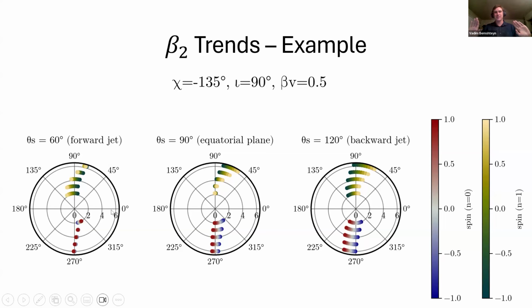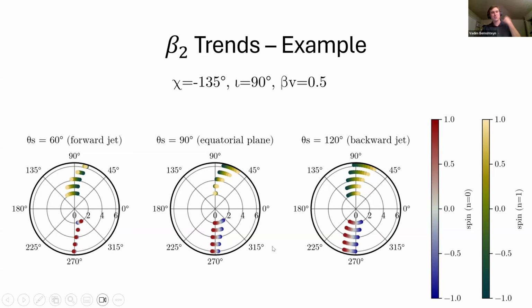For a forward jet, beta-2 has very weak dependence on spin because the light didn't really interact with the black hole. And as we move to a backward jet, the light travels around the black hole. It gathers some spin information, and we can see it in the variability here.